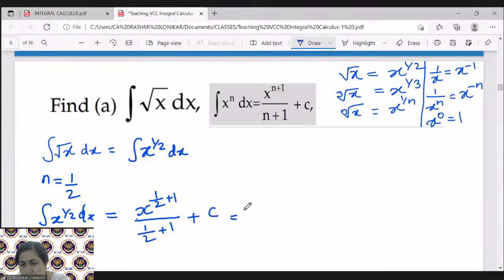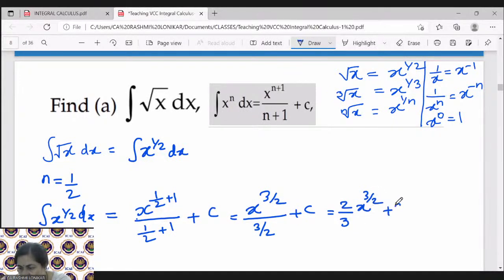Which is equal to x raised to half plus 1, which is 3 by 2, upon 3 by 2, plus c. Remember, whenever I have a fraction in the denominator, it will flip. So this will become 2 by 3 x raised to 3 by 2 plus c.